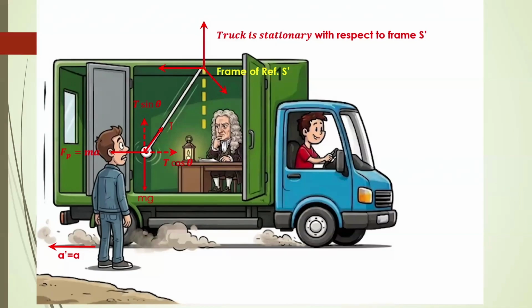It is still an accelerating frame, so I don't think there would be a difference except the sign of the coordinates will change. Yes, only the relative position of this bob will change, but in terms of velocity or acceleration, the origin of this S dash will not affect anything.